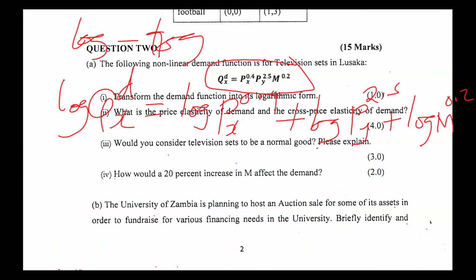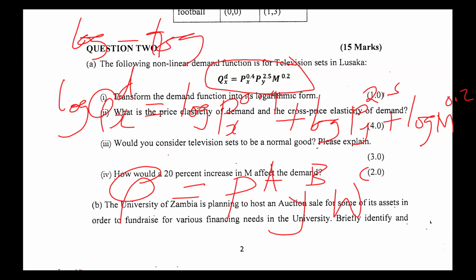I say that if you are given the function, let's say Q is equal to P to the power A, and we have got, let's say, Y to the power B, or if you want, you can put W to the power C. So you are to log these.